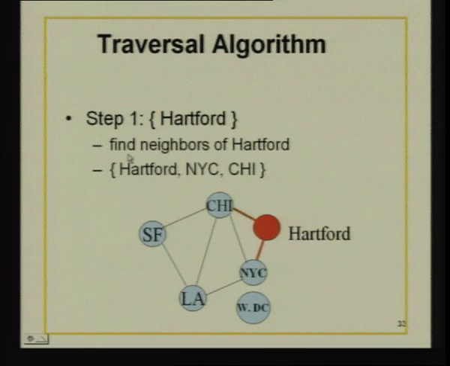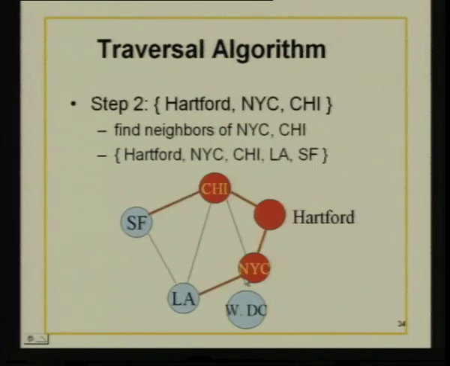So, in step 1, what you do is find the neighbors of Hartford, which are NYC and CHI. Then you find all the neighbors of CHI, which are SF, LA, NYC, but NYC you do not put again in the list because NYC has already been taken care of. From NYC again CHI you have, you do not consider that, and so on. So, this way you build a graph.